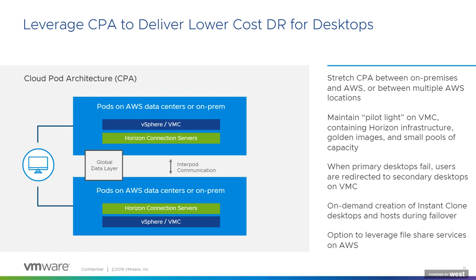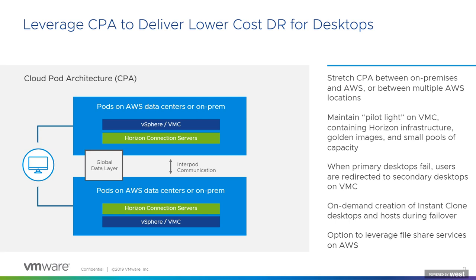Now, of course, we've only kept a small pool of desktops around. And so, if lots of users log in, you're bound to run out of desktops, right? So we have the on-demand creation technology of instant clone as well as hosts that can be automatically kicked off when there's a failover event, right? So as more users log in, more desktops will be created.